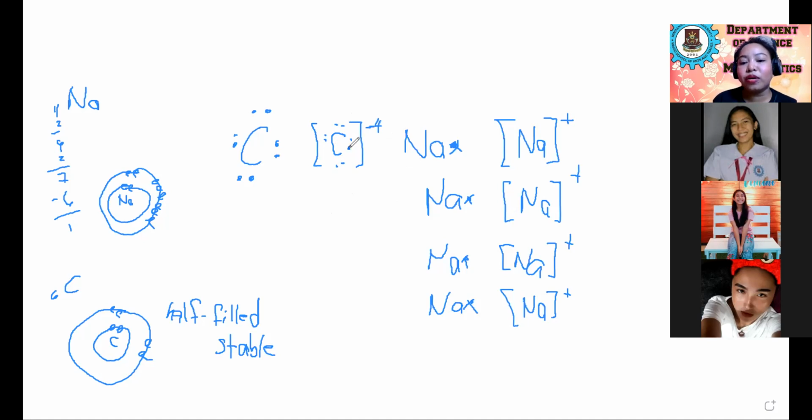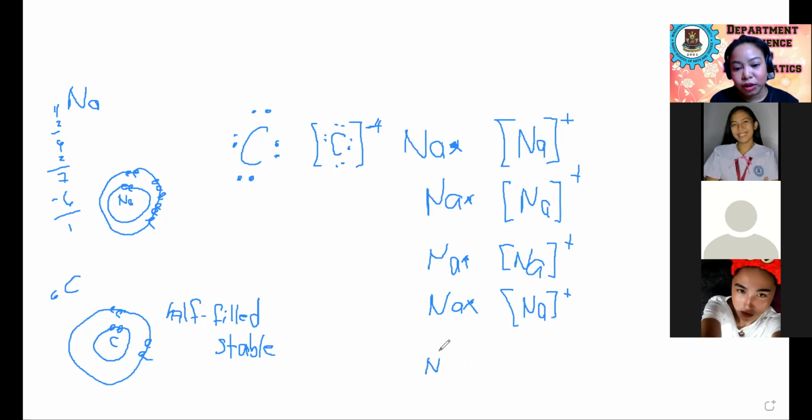So, karon si positive ug si negative, they will attract each other. So, in writing the molecule or the compound, we always write the positive first before the negative. So, kinsay positive? Si carbon o si sodium? Sodium, ma'am. Sodium. So, we will write sodium first.